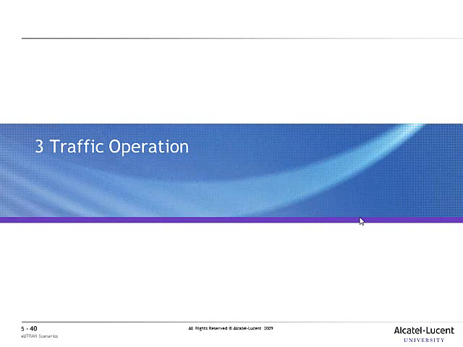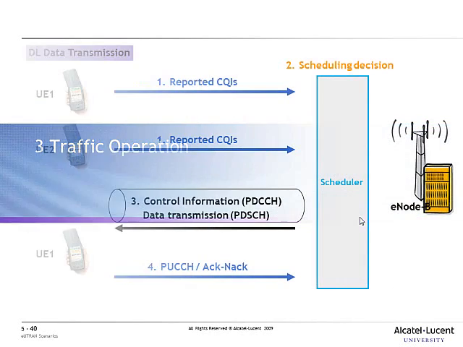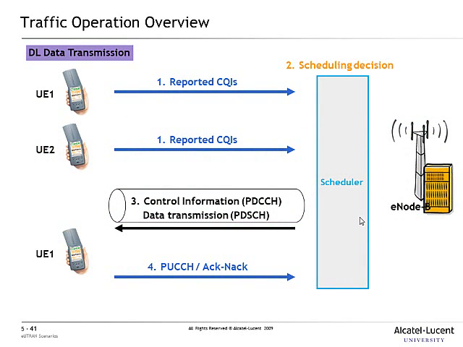Okay, so we're going to see a little bit more details about how uplink and downlink data transmission is going to take place. Now, one of the important things to know is that we talked about channel quality indicator.